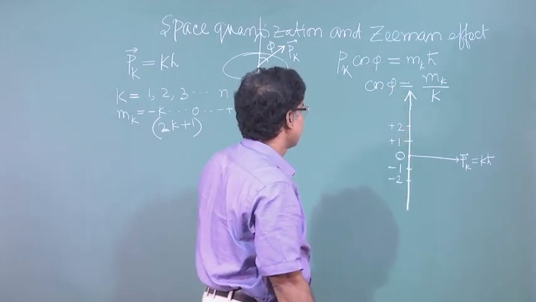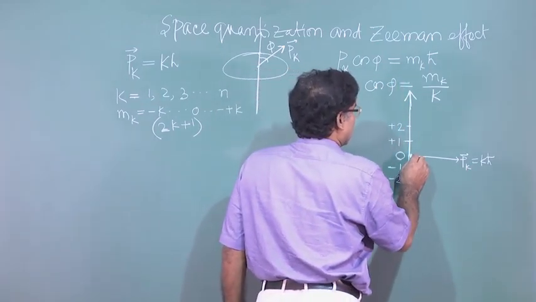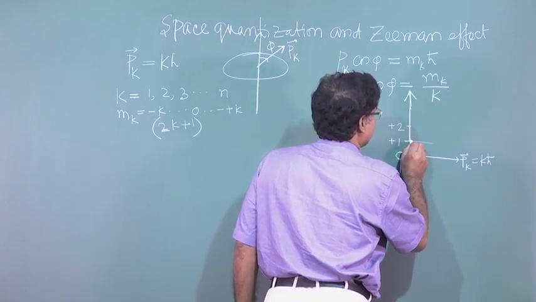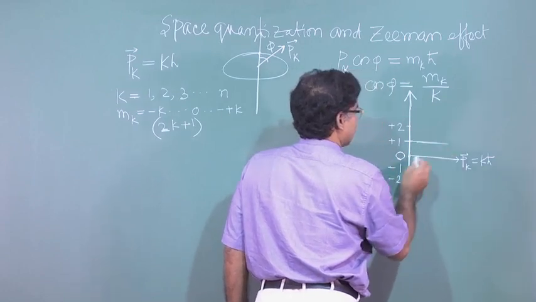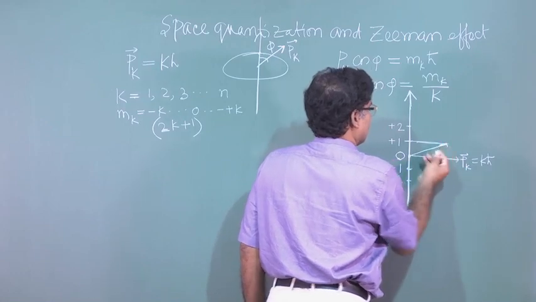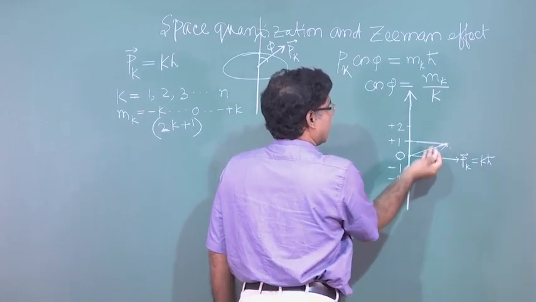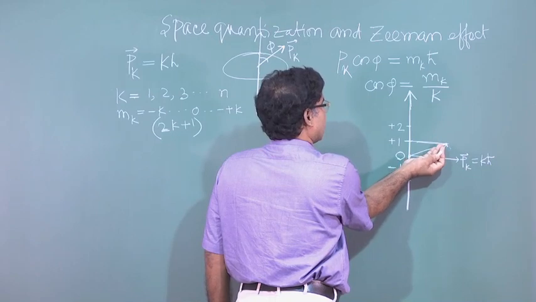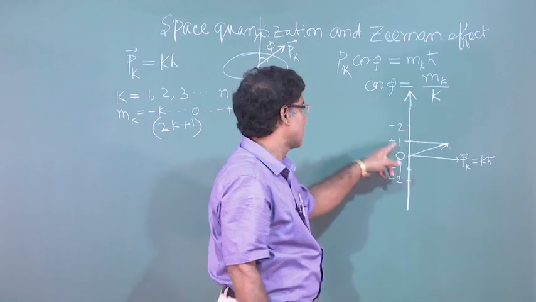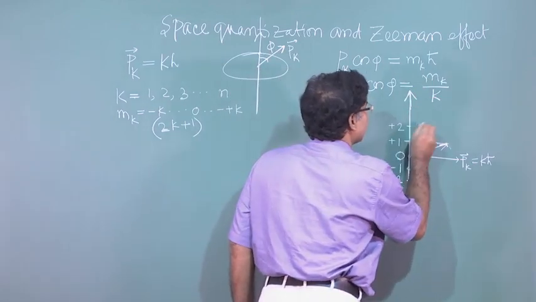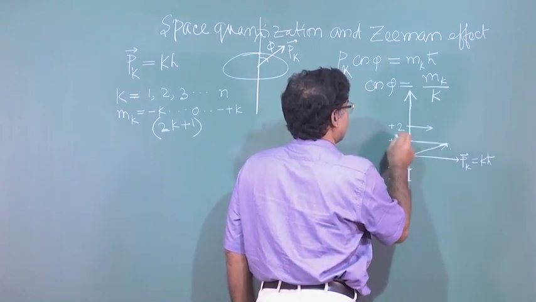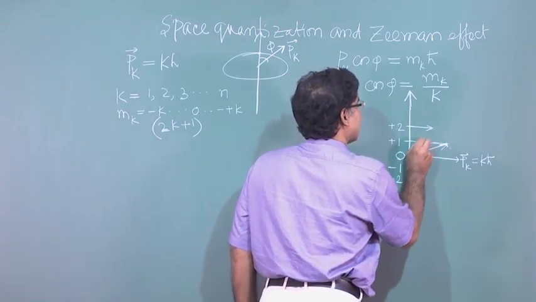These are the quantized values along this fixed direction. The direction has to be such that the projection of the Pk direction is plus 1 for Mk. Similarly, this will be plus 2. This is another direction.